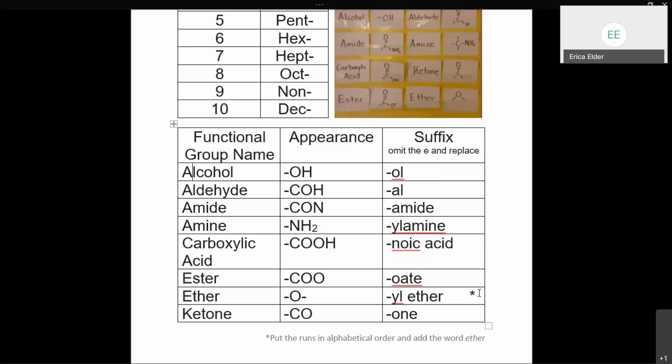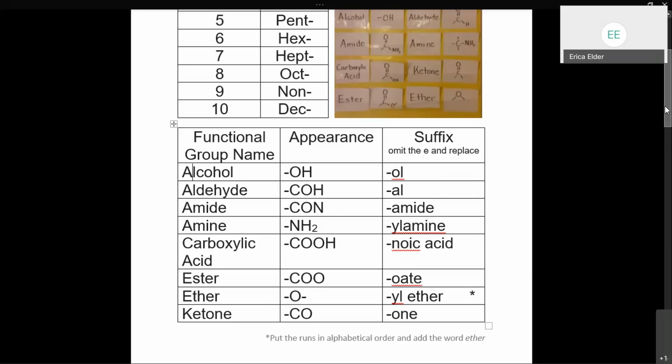Place those in alphabetical order, no matter what order they appear in the compound, and then place ether as the final part of naming that particular compound. It may not make sense now, but once we get down into working some of these out, I'm sure it will make a little bit more sense for you.